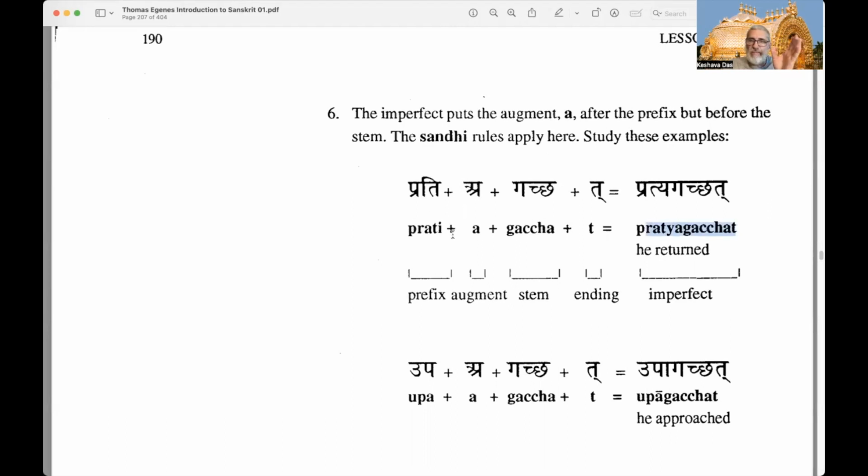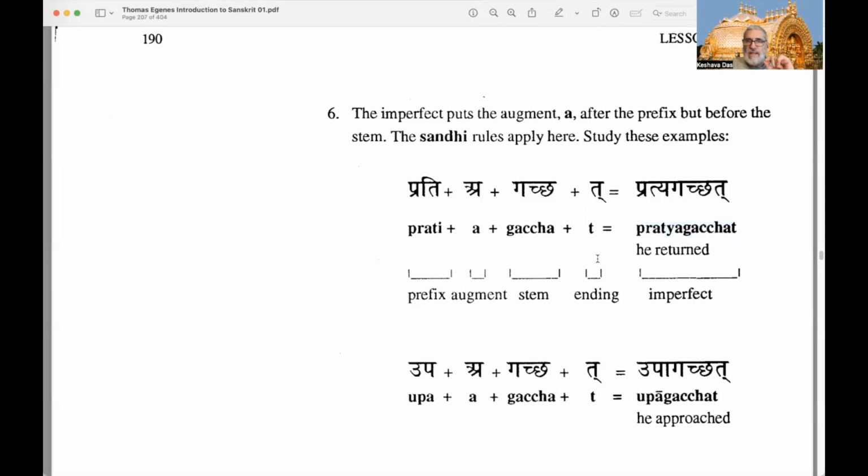So we have prefix plus augment plus stem plus ending becomes the full word. Prati plus a, and by sandhi, the i changes to the semi-vowel equivalent, ya, so pratya. Plus gacha, plus t, so pratyagachat is the full verb.